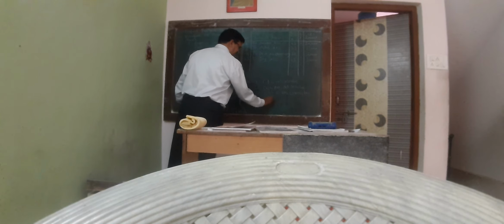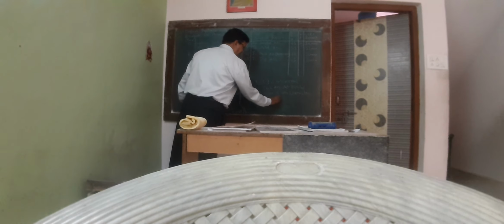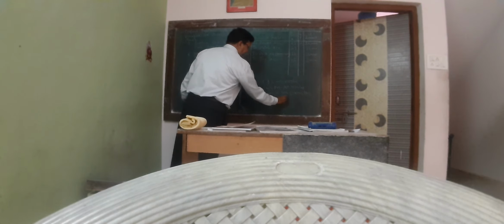Then 28, a machine of rupees. So machine is your asset, not goods. So machines are not recorded in this book. Assets are not recorded in purchase book.